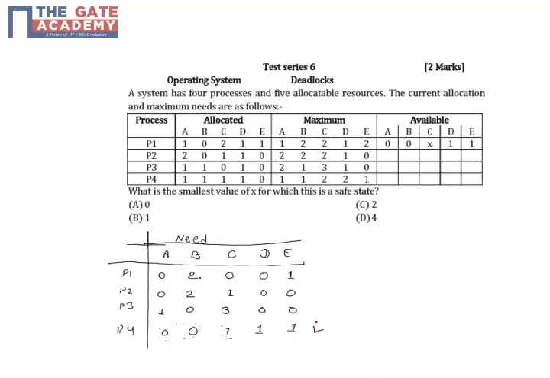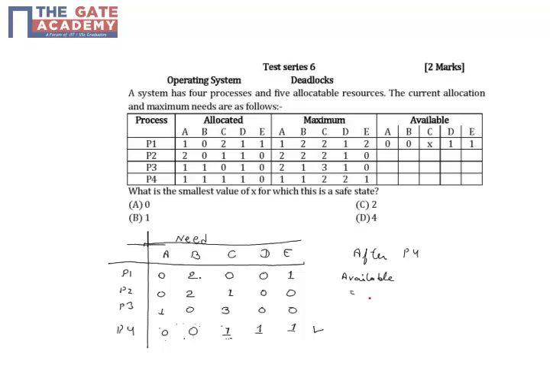That means P4 can execute, and after P4 my available will be equal to the available we have, 0 0 1 1 1, plus the allocation of P4. The allocation of P4 is 1 1 1 1 0, and those will be added to 0 0 1 1 1.